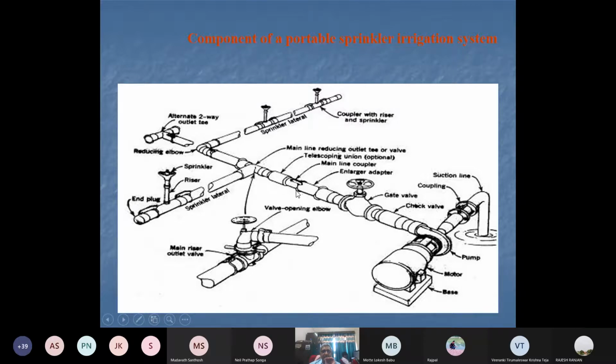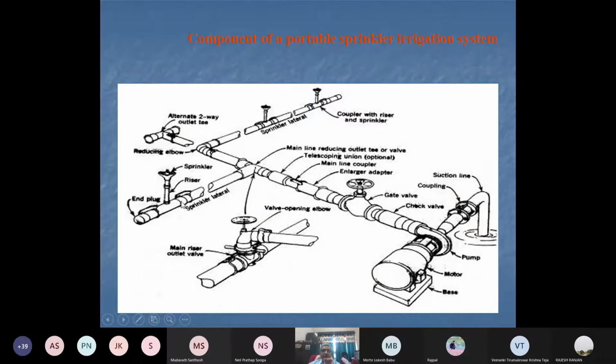So here it is given there is a main pipeline and the main pipeline has a telescopic union. With the telescopic union, initially the size of, let us say, the pipeline is large, but you want to reduce or increase the size of the pipeline. So this union is provided. Now when water is being given from the main pipeline, it can be supplied on either side of the main pipeline, either this side or this side.